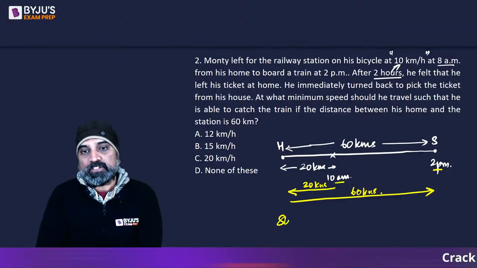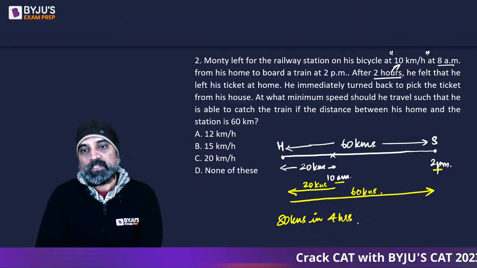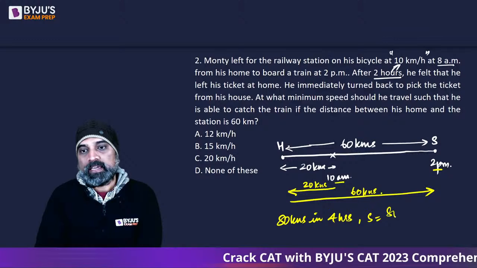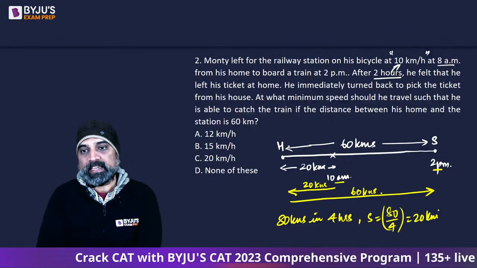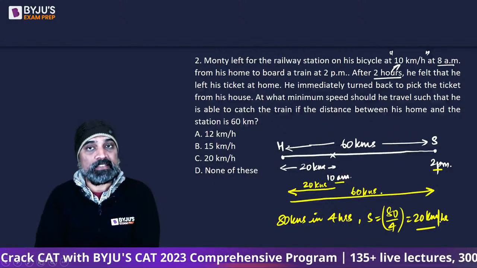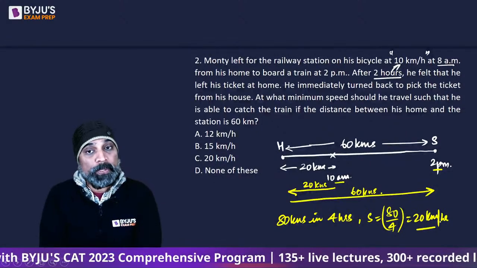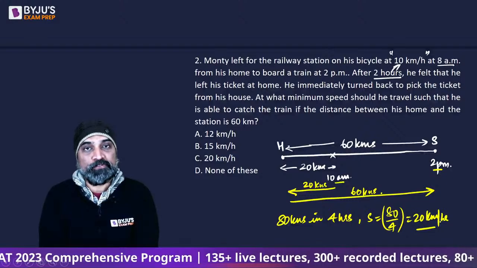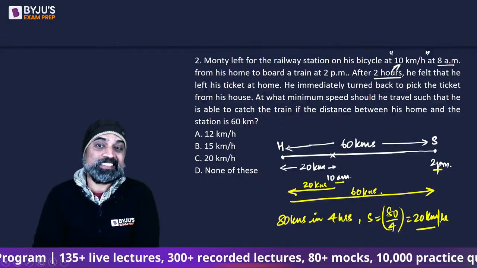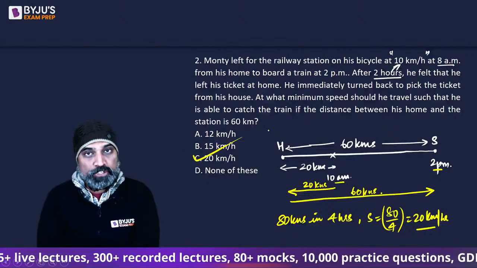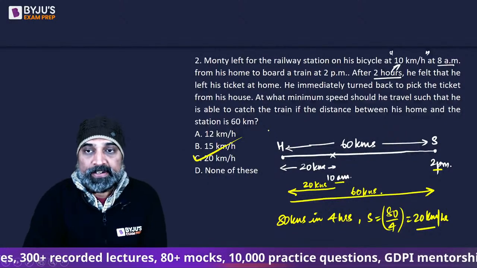So if somebody has to cover 80 kilometers in 4 hours, his speed is going to be 80 upon 4. He's going to ride his bicycle at the speed of 20 km/h. Then only he will be able to reach the station on time. So that's the minimum speed at which he should be riding the bicycle, right?